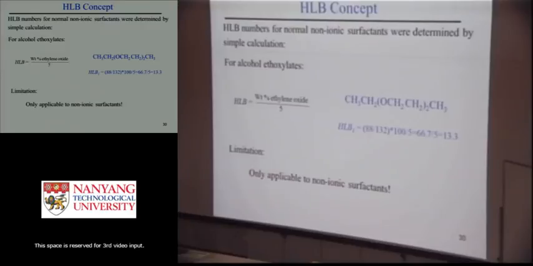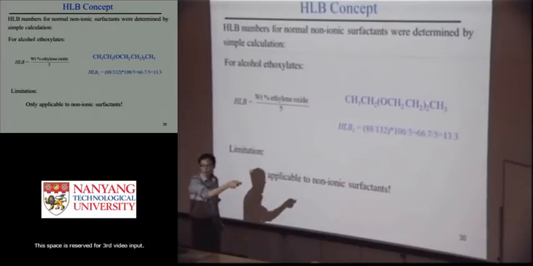This is based on experimental observation. People tend to use this kind of calculation. Actually, the HLB value is relative from one to another, so whether you divide by 5 or not, it's okay. Using this one as an example, to calculate the HLB value, we add the hydrophilic component, which is 88.